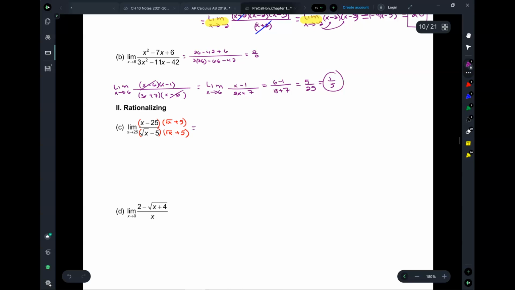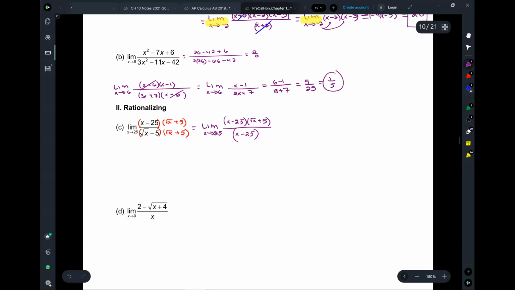And stay with me here, don't get ahead of me. So this is the limit as x approaches 25 of, in the numerator, I have (x minus 25)(root x plus 5). And I know you have the urge to just multiply that out, FOIL it. Don't give in to that urge. Because in the bottom, what do you get? x minus 25.